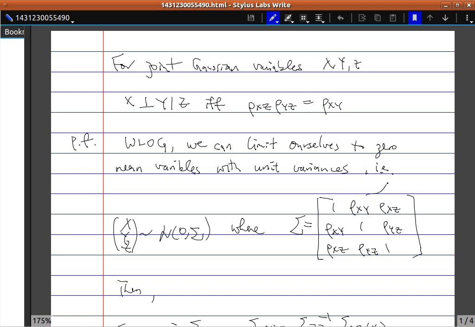off diagonal term, for example, this will be the expectation of x minus x bar times y minus y bar, over the variance, for rho xy.